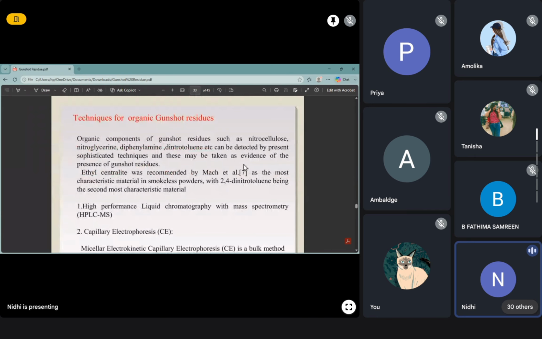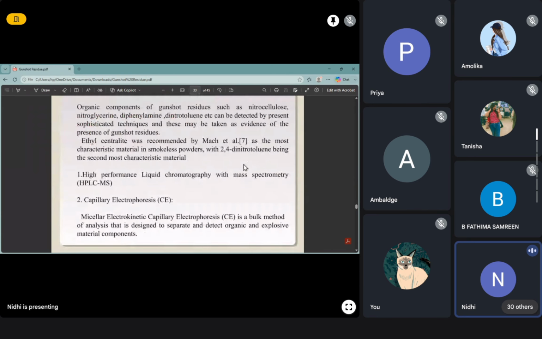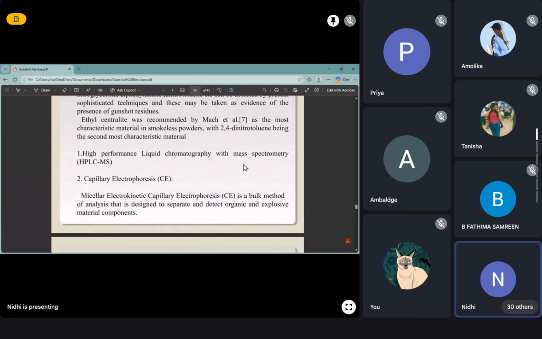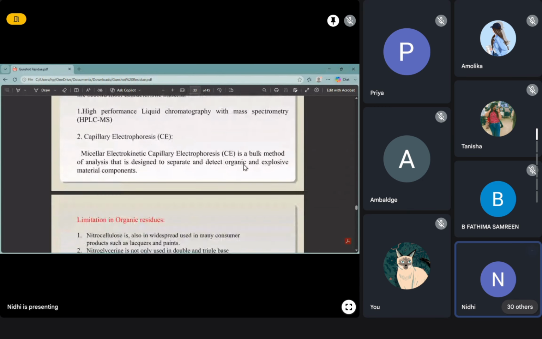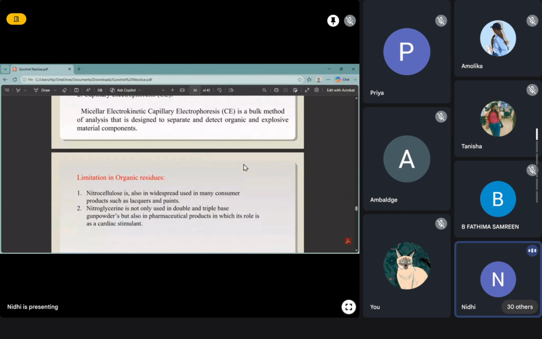Then techniques for organic gunshot residue: HPLC, which is high performance liquid chromatography, with mass spectroscopy, and capillary electrophoresis. Till this date, I haven't seen people even using it for their dissertation. Micellar electrokinetic capillary electrophoresis is a bulk method of analysis that is designed to separate and detect organic and explosive material components.